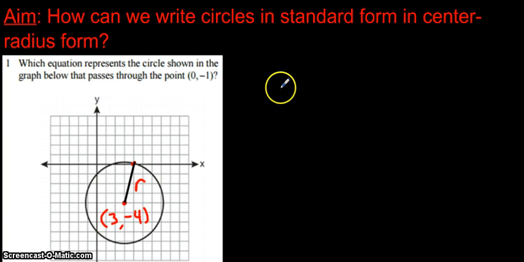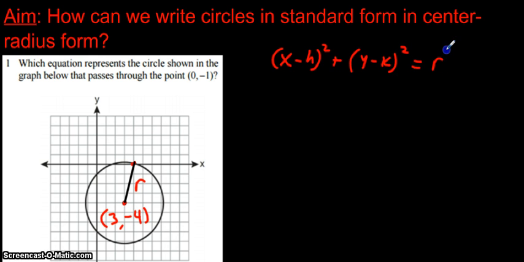Okay, so we need those two things, and it plugs into the center-radius formula of a circle, which is x minus h squared plus y minus k squared equals r squared, where h and k represent the center of the circle, and r is the radius.